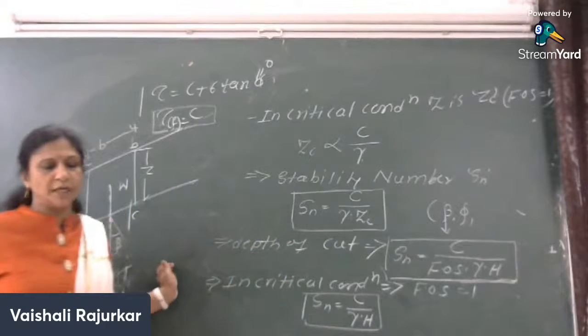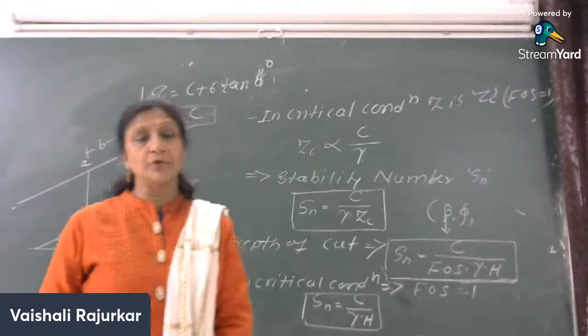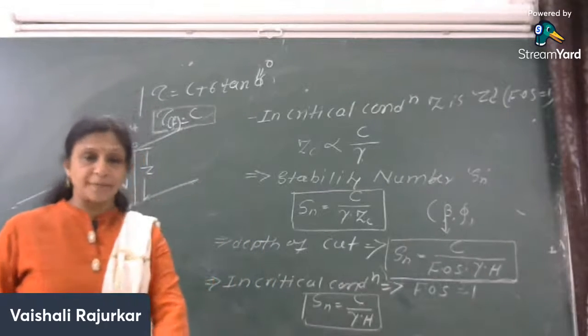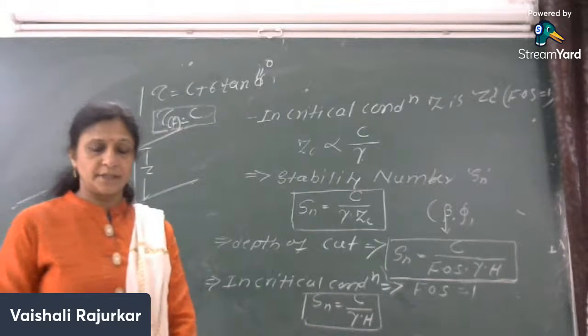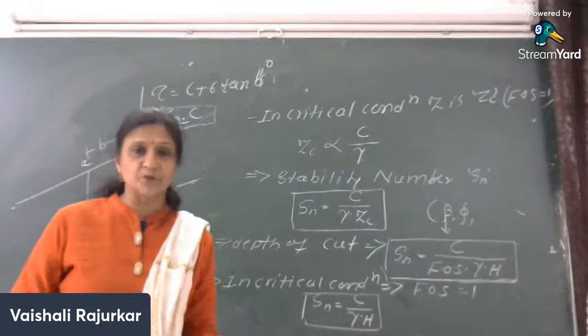H is the height of the slope. So Sn we have to calculate or obtain from the table. So this is the case when the soil is a cohesive soil.